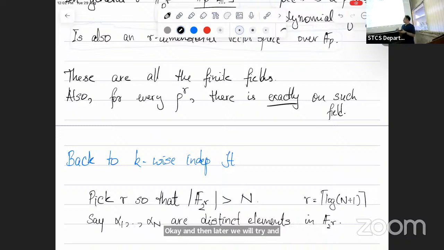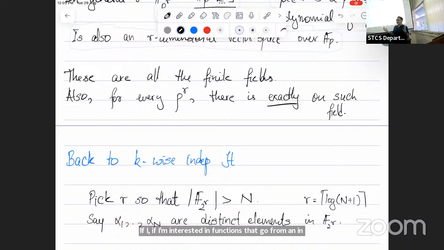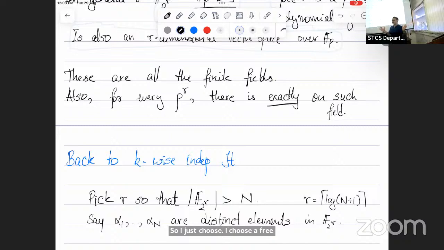Okay, so I'm going to try and use the Vandermonde matrix. First thing I will do is pick an r, because I need there to be n columns. If I'm interested in functions that go from an n-length domain to something, I probably want n columns. So I'll choose a field large enough such that I have n possible columns in my Vandermonde.